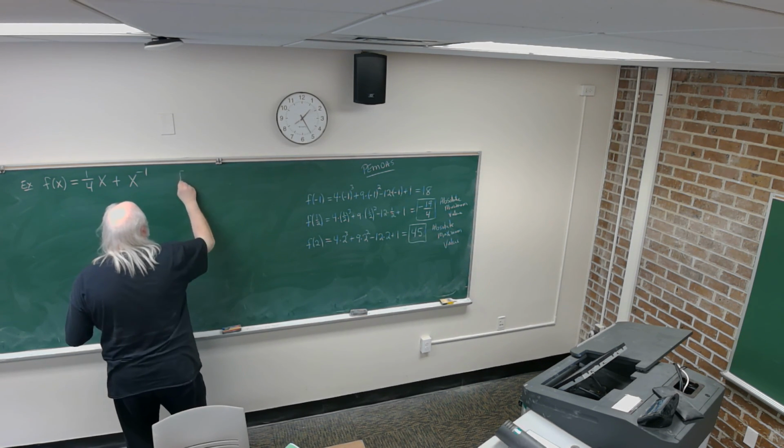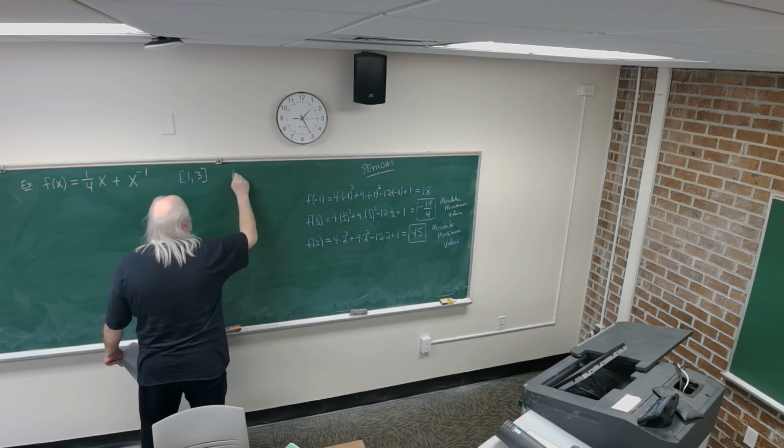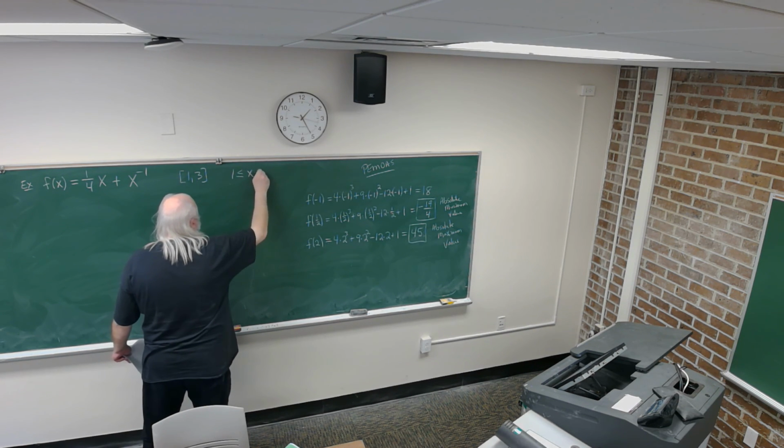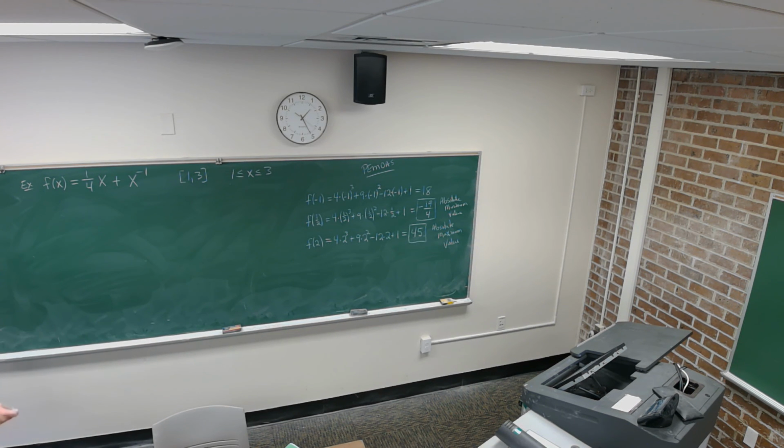And this is over the closed interval from 1 to 3, right? So that means it's for x greater than or equal to 1 and less than or equal to 3. Same process as in the previous example, but you're going to do it yourself. We'll compare answers in class tomorrow.